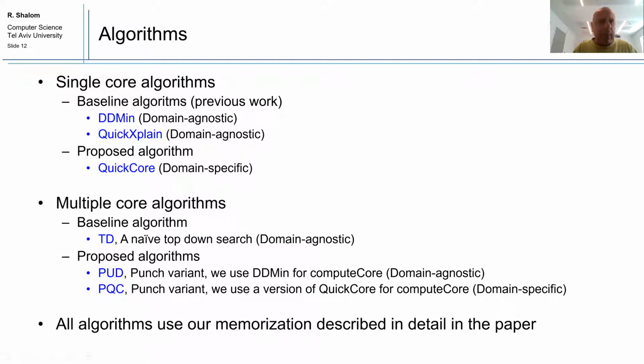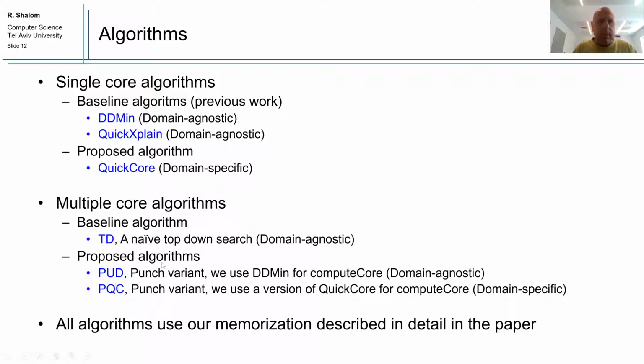For this, we implemented many algorithms. The first algorithms are about single-core computations. DD-mean and QuickExplain are domain-agnostic algorithms, and QuickCore algorithm, which is domain-specific. We also implemented multiple core algorithms. TD is a naive top-down search algorithm, which is domain-agnostic.